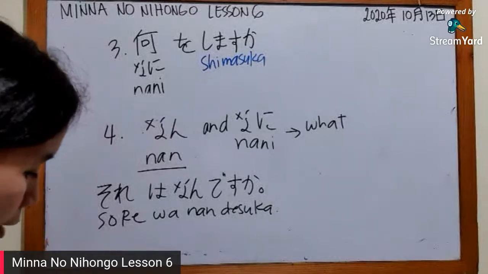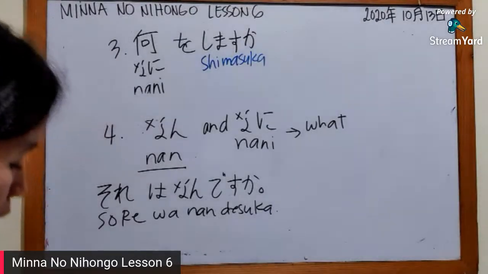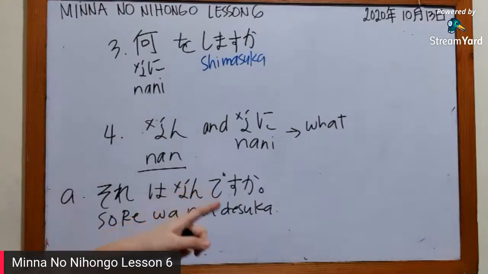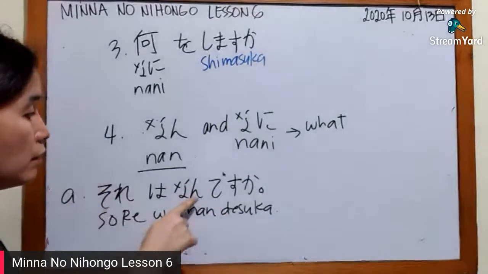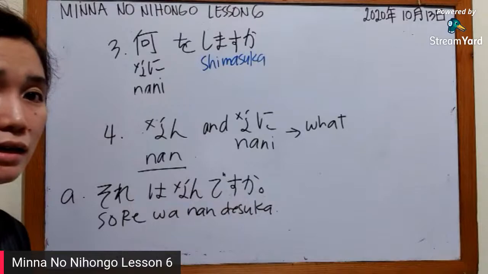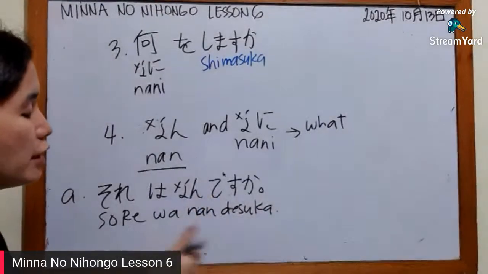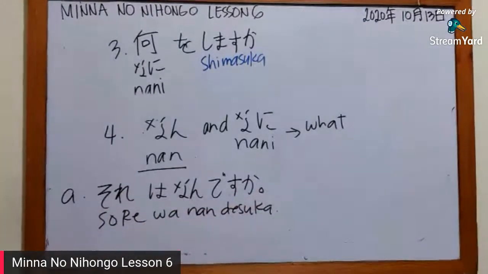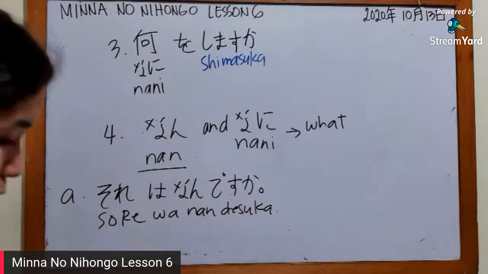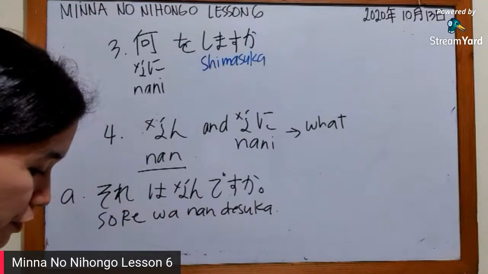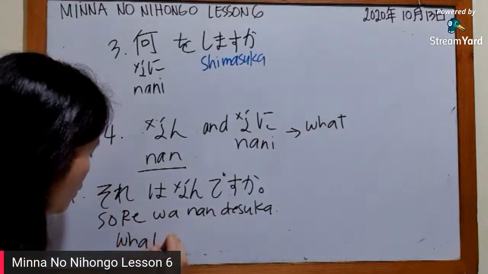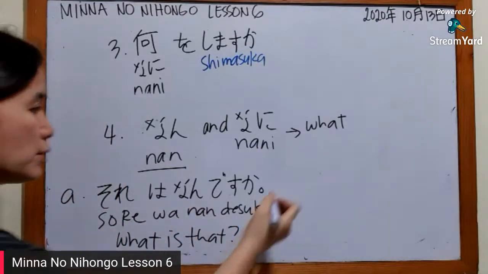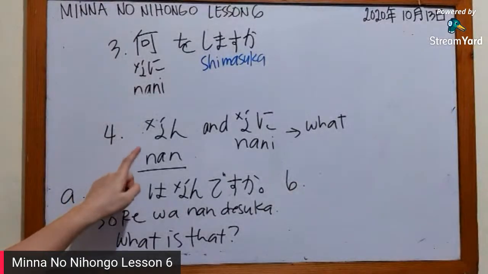What's that, or what is that? Because you cannot put nani desu ka here, sore wa nani desu ka, that's wrong. So if the sentence ends in desu, you should put nan. Not nani desu ka, that's wrong. So sore wa nan desu ka. In English, what is that? Ano yun? Diba? In Filipino, in Tagalog. So letter B. This is the use of nan, first.